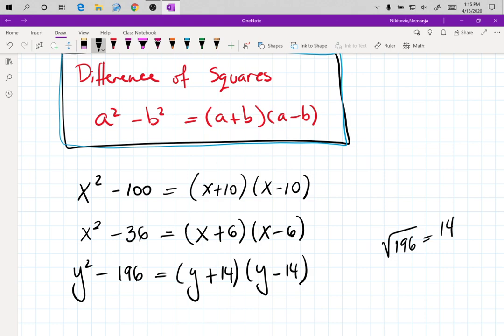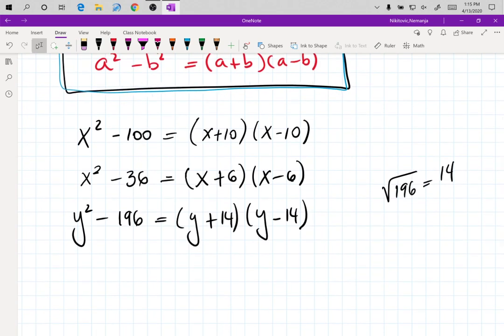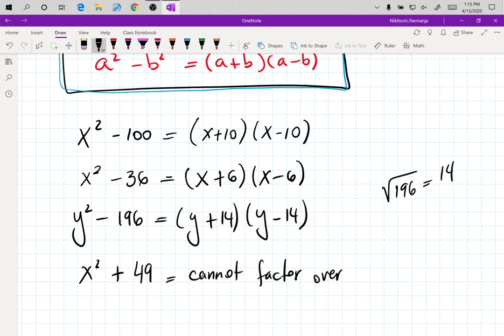So all we need to do in this mess is to take a look at the square roots of these two values. But you have to be careful. If you have a plus, you cannot factor over real numbers.